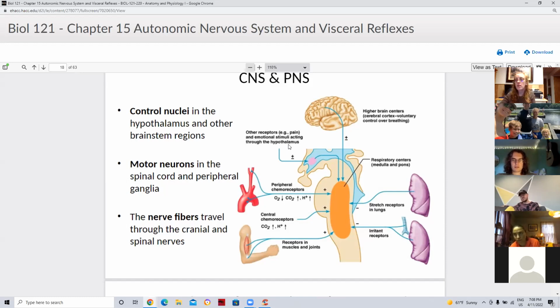So control nuclei are found in the hypothalamus and the other brainstem regions. Motor neurons are going to be found in the spinal cord and peripheral ganglia. Nerve fibers are going to travel through the cranial and spinal nerves.